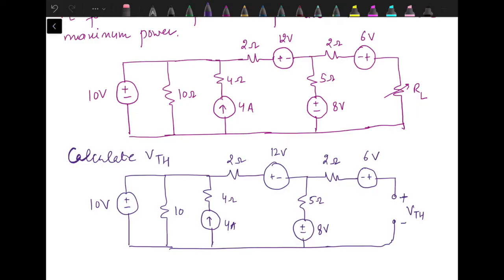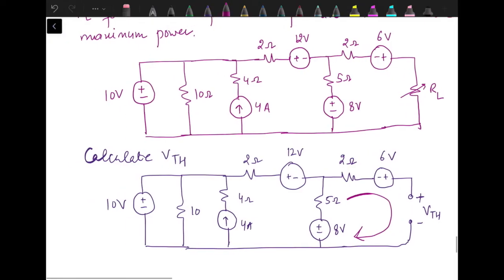Now how can we find out VTH? For that we can apply KVL in this open loop. In this open loop the current will be 0. So the current through 2 ohm resistance will be 0 and there will be no drop.